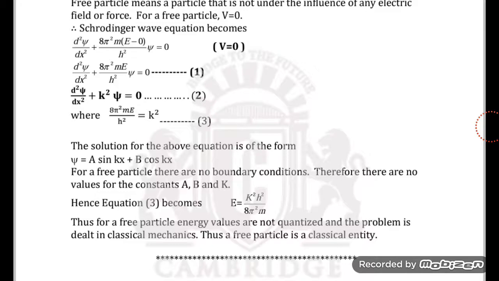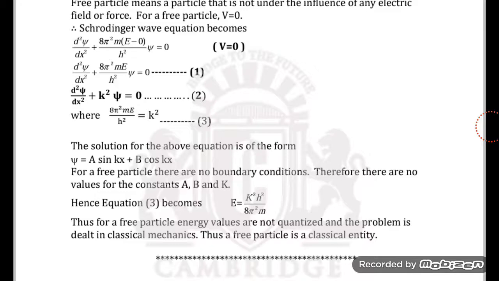So we can say that for the particle in a one dimensional box, the eigenwave function is root 2 by a sine n pi x upon a, and the energy is E equal to n square h square upon 8 m a square, where n is equal to 1, 2, 3 up to n.